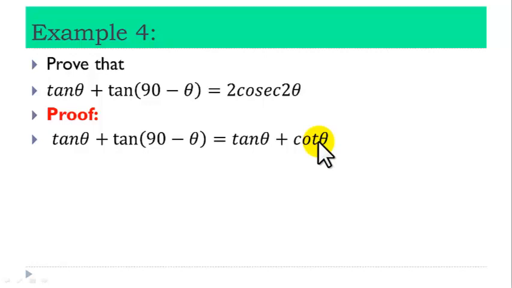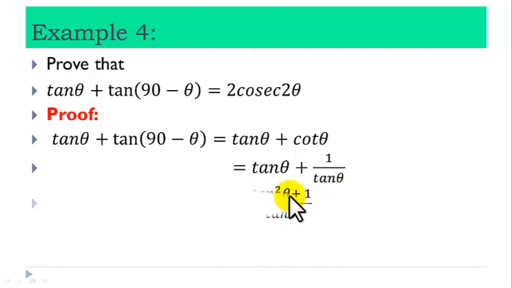This is equal to tan theta plus cot theta, which is 1 all over tan theta. And this is tan squared theta plus 1 all over tan theta, that's finding the LCM, which is tan theta. But tan squared theta plus 1 is sec squared theta. So this will give us sec squared theta over tan theta.